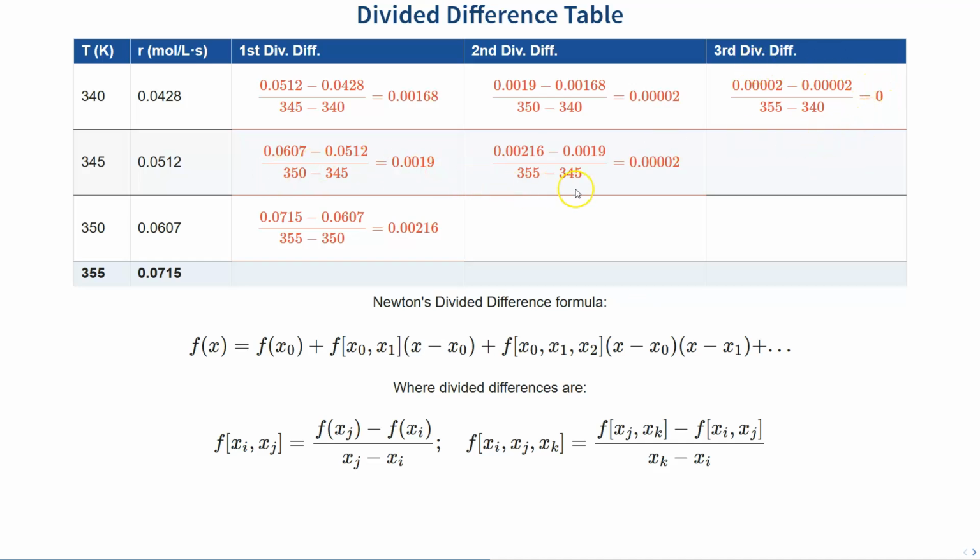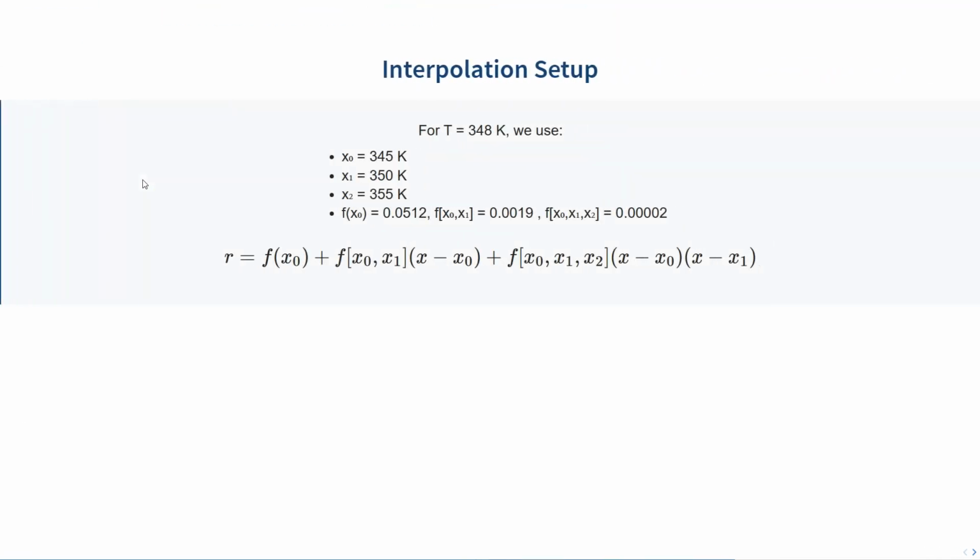Now using the data, here I have to calculate for T equal to 348 Kelvin. So we will use 348.